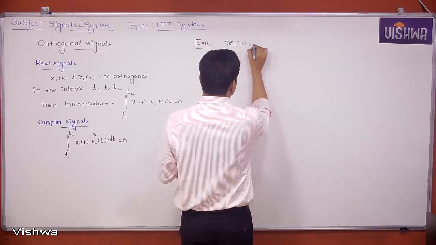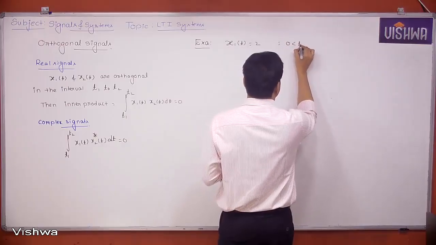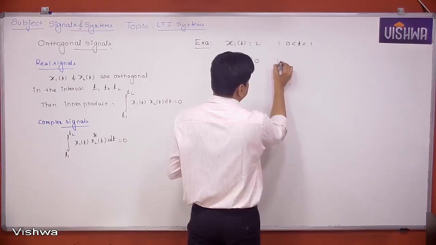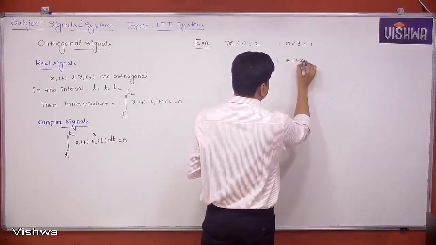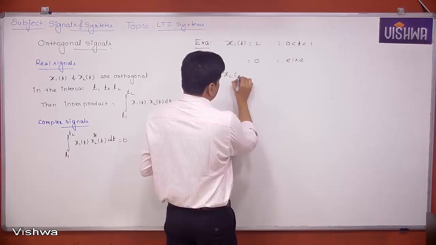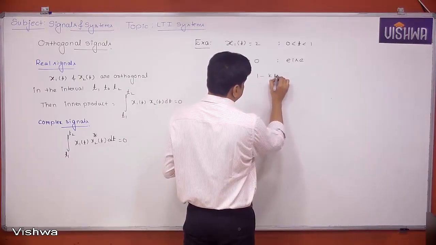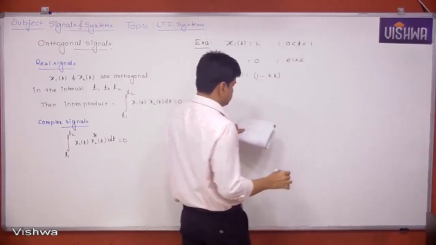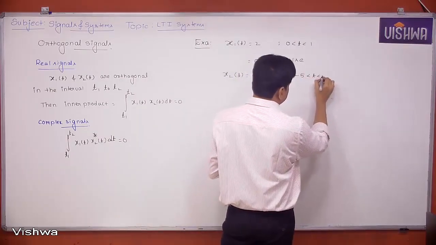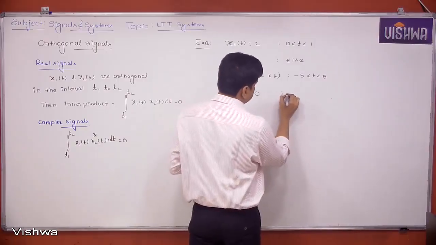Take this example. x1 of t is equal to 2 for 0 less than t less than 1, and equal to 0 elsewhere. x2 of t is equal to 1 minus kt for minus 5 less than t less than 5, and equal to 0 elsewhere.